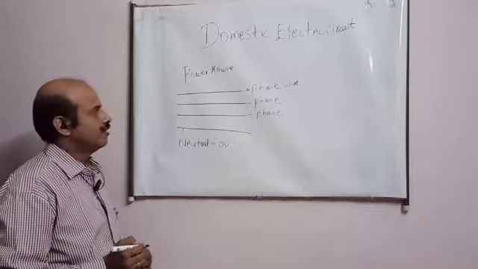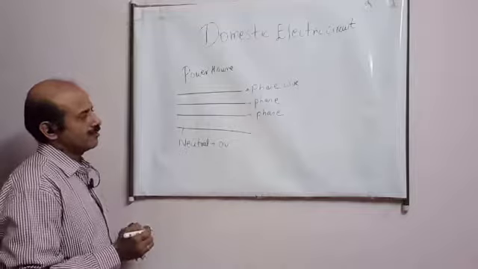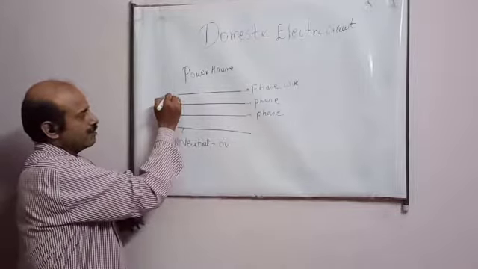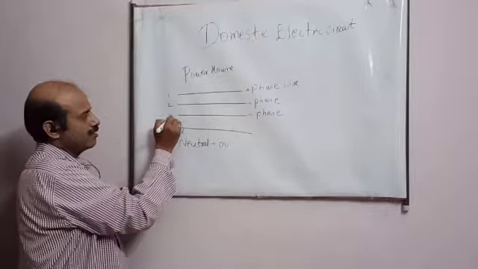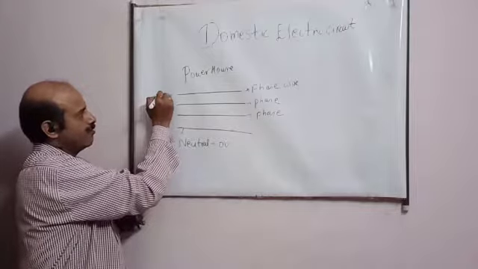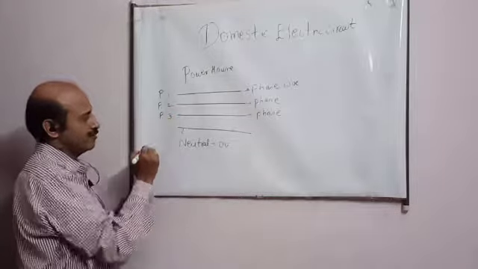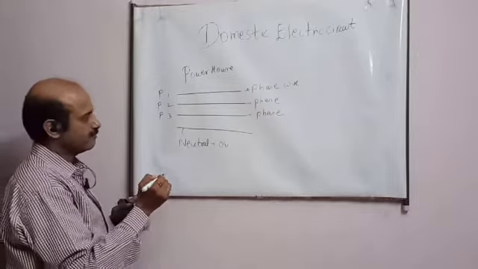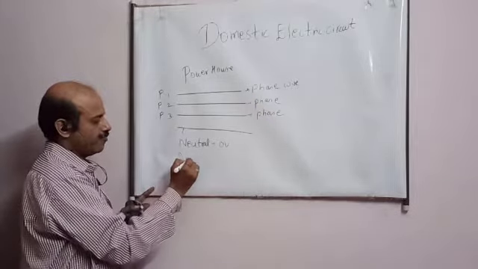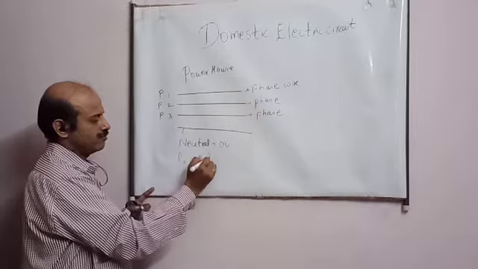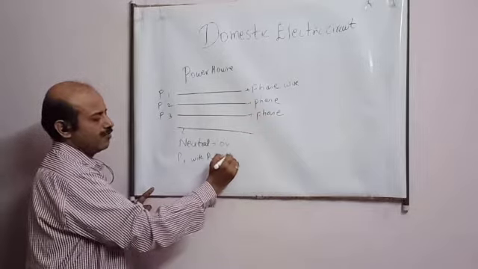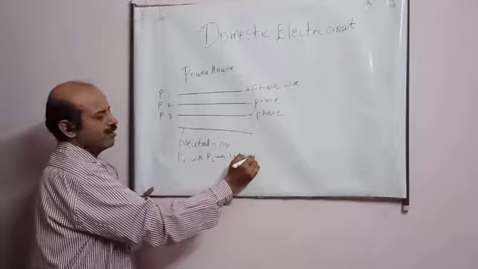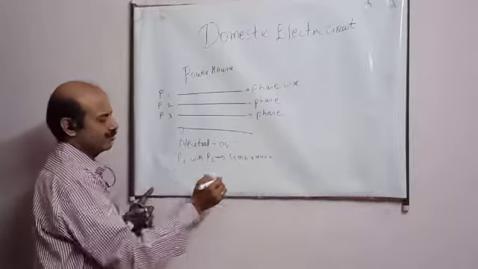Okay, student. Now I am naming these as first, second, third, or P1, P2, P3. If you connect P1 with P2, the voltage will be 410, or somewhere it is 440.